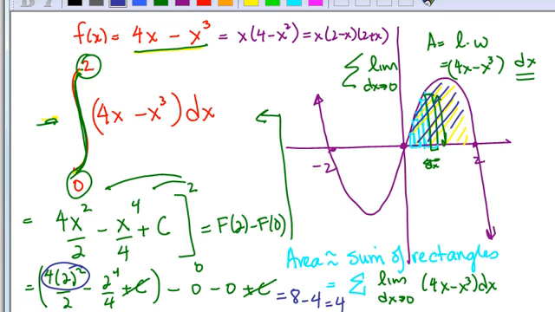So the area under the curve between 0 and 2 is equal to 4. That's what integrals do. Let's take a second look at this same equation now and predict what would happen if we changed these values right here.